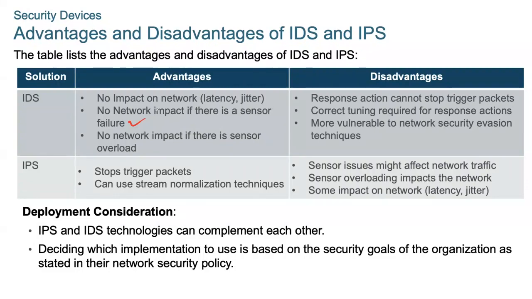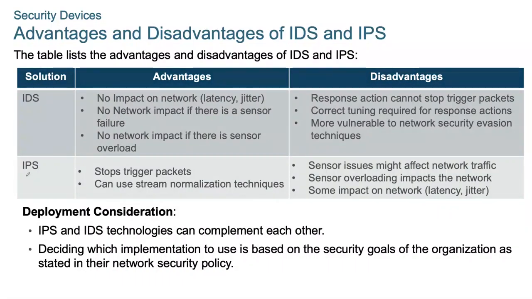These IDS are an additional interface connection at your router level. If they go off, it doesn't affect the network traffic, but security issues come into the picture. If they are not enabled, there is a chance of attackers sending malicious traffic into your network. And with IDS, there is no network impact if there is a sensor overload. So these are the advantages.